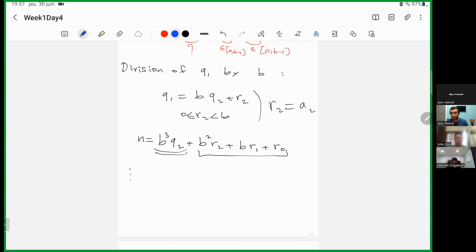We just continue until, so when do we stop? We stop when the quotient is not big anymore.